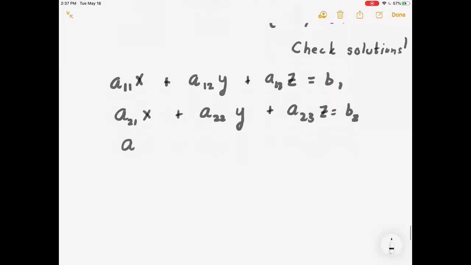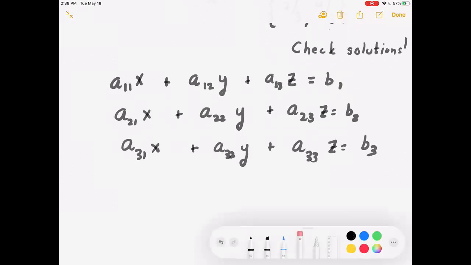And a sub 3,1 times x plus a sub 3,2 times y plus a sub 3,3 times z equals b3. And let me clarify something here. So this is a sub 1,3. So you can clearly see that.